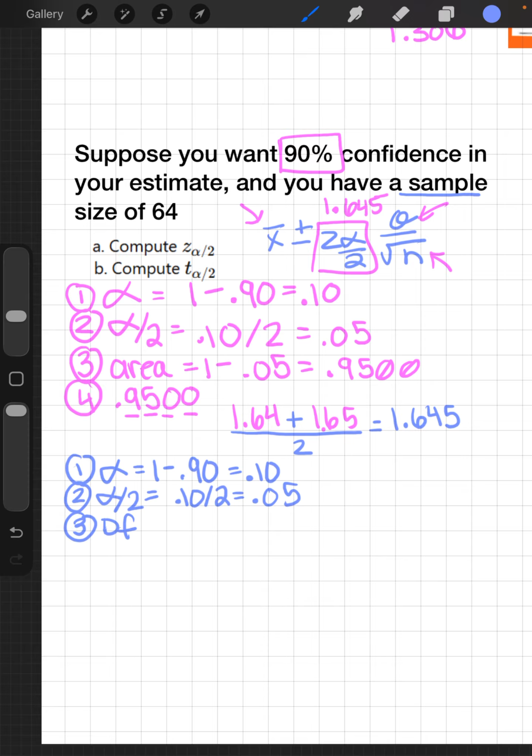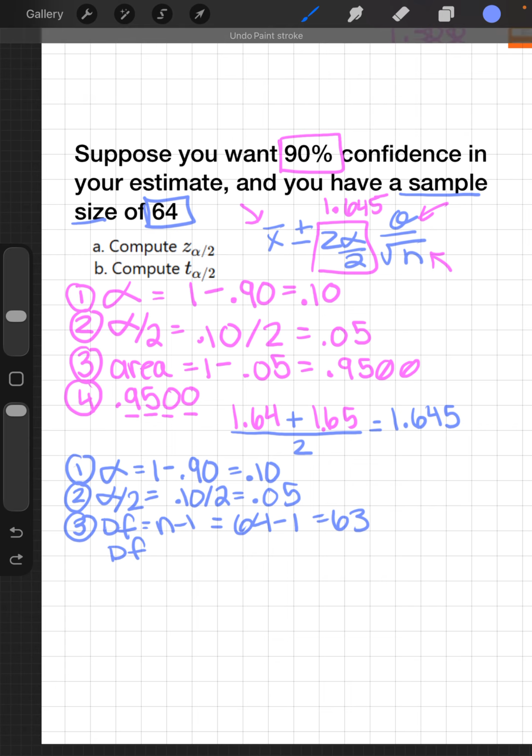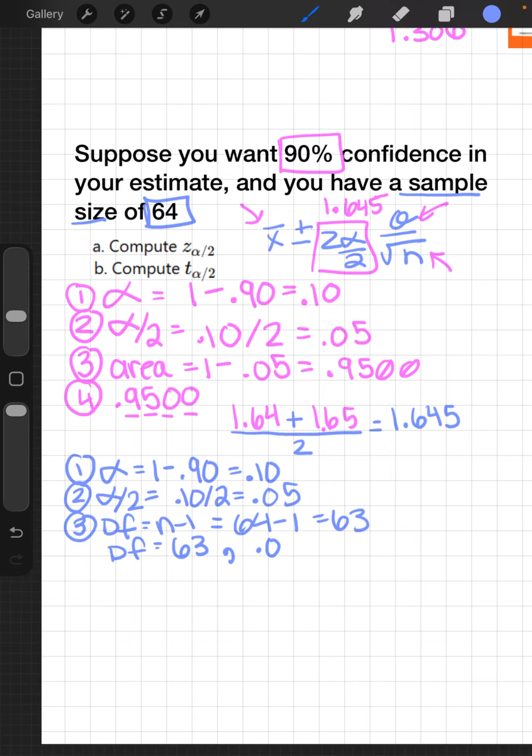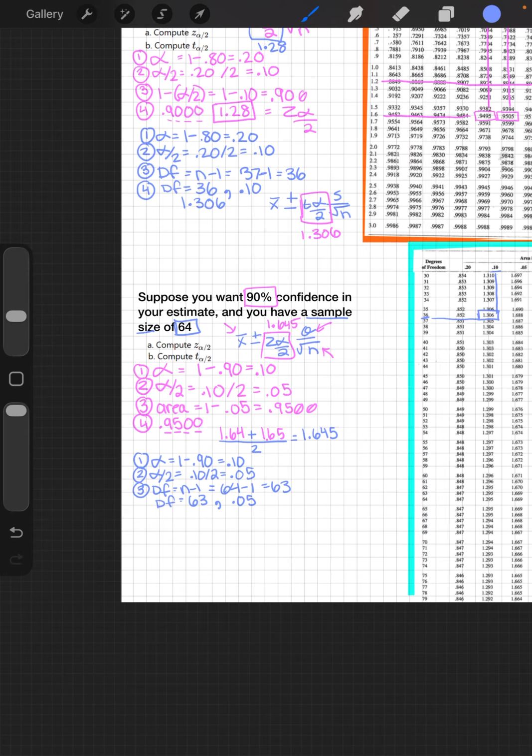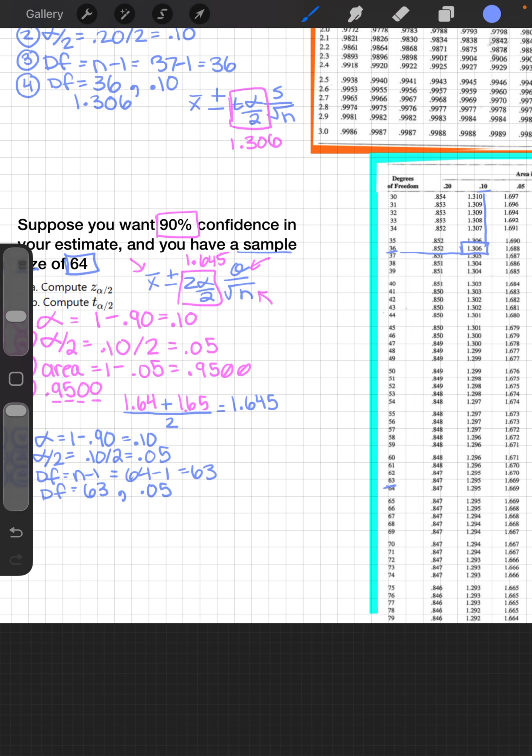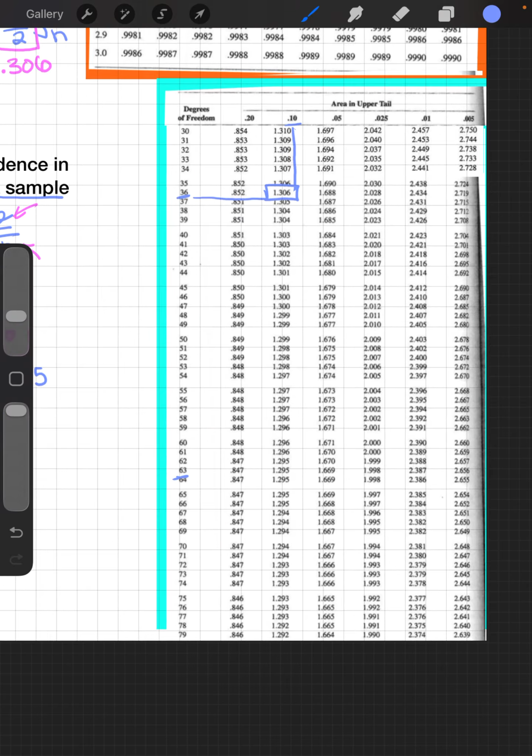The sample size is 64, minus 1. 64 minus 1 is 63. So we're going to find 63, and we're going to look for 0.05.